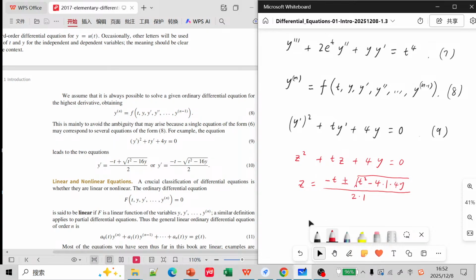This is the formula for this second-order equation, and we can plug y' into z's position.